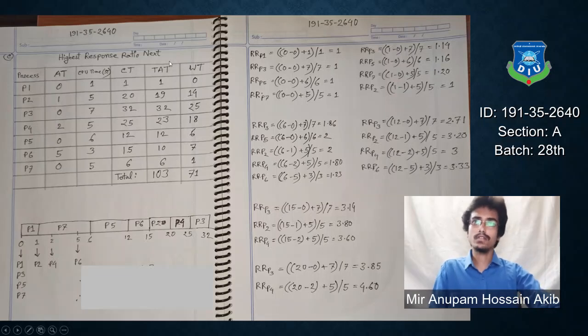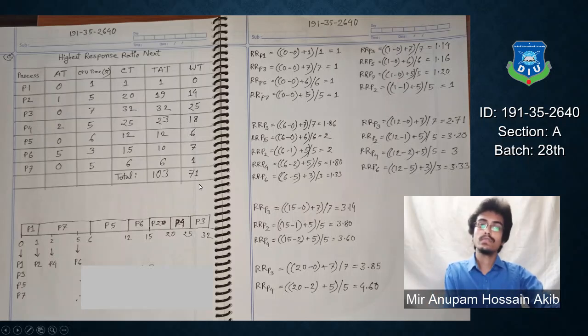The summation of the turnaround time is 103. Then we can calculate the wait time. Here the wait time is 0, 14, then 25. The summation of wait time is 71.